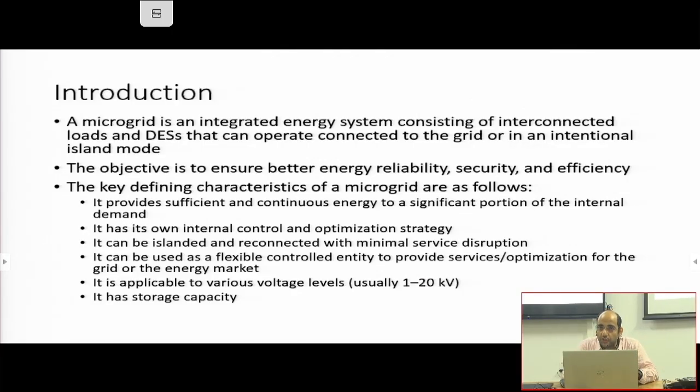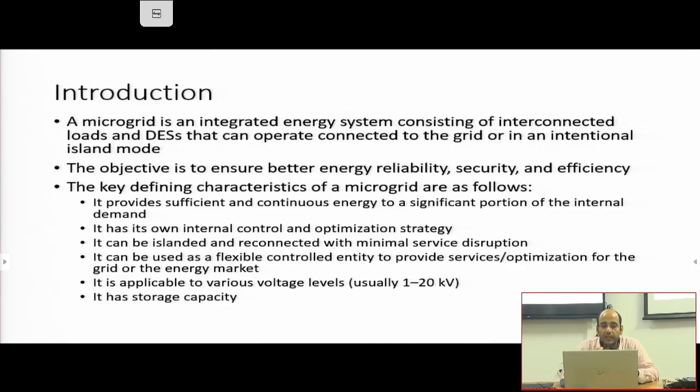But the local generators are distributed, like rooftop on one building, rooftop of another building. So the generators, energy storage or energy sources are distributed in nature, and that is why we call them distributed energy resources. When you integrate distributed energy resources and loads to make a microgrid, it can be connected to the grid or work as an islanded system.